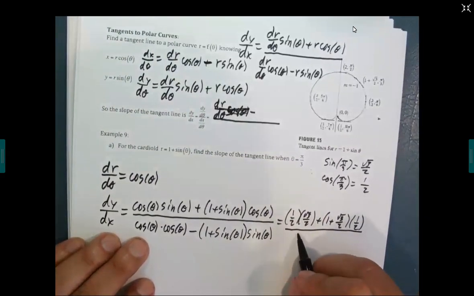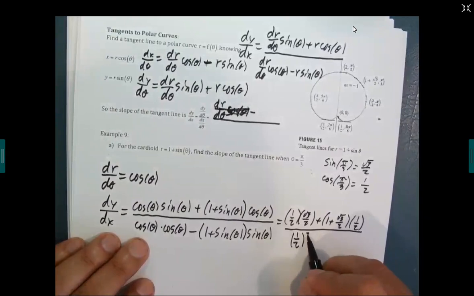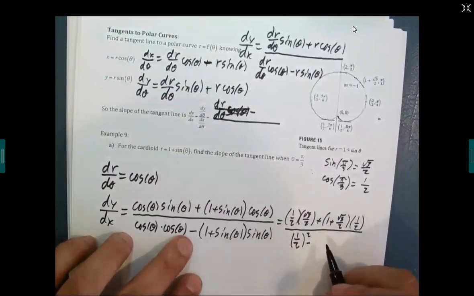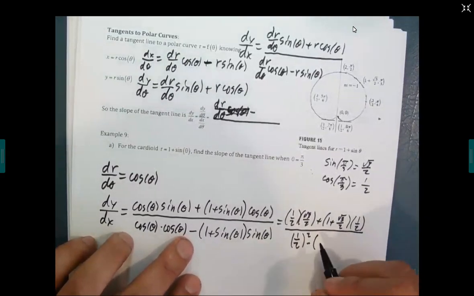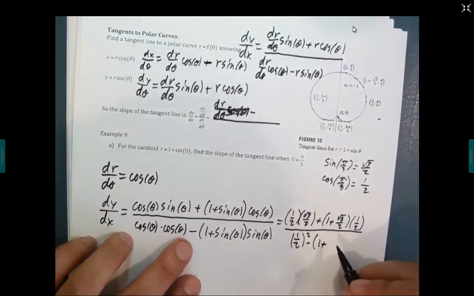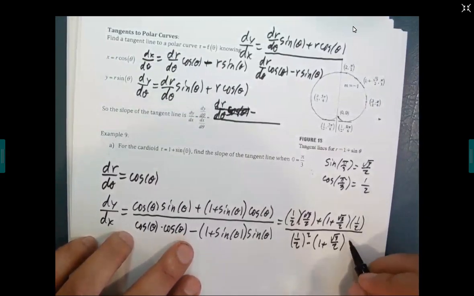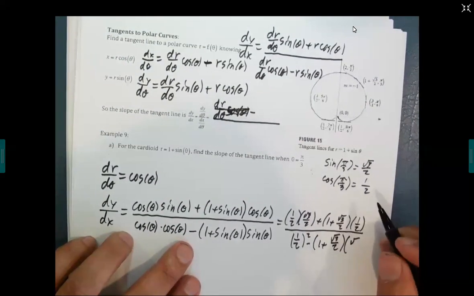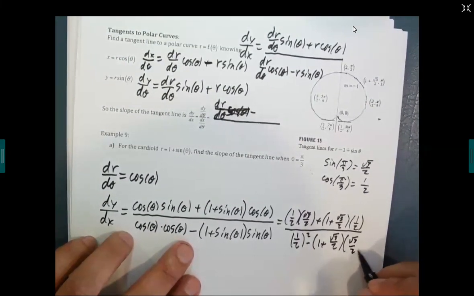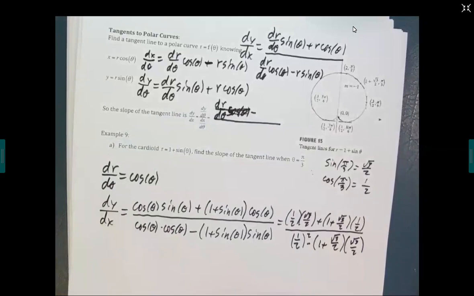I'm just going to call that cosine squared, 1/2 squared, minus sine of theta, sine of theta. I'll just keep it outside, that's fine. So 1 plus sine of theta is 1 plus √3/2. Sine of pi over 3 is √3/2. Now we've got to clean that up.